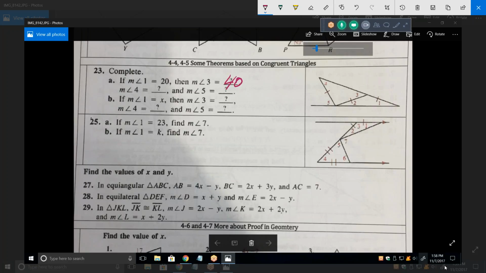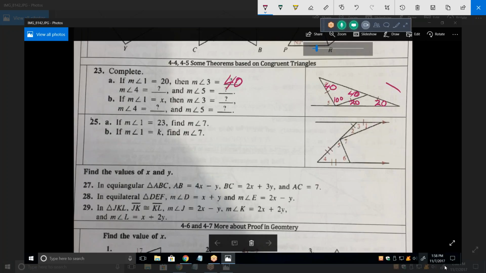Okay. So angle 4 equals what? And angle 5 equals what? Well, that's 20. That's 40. That's 20. Then angle 4 equals 40. That means angle 5, right, because it's isosceles, yeah. So that'd be 100.